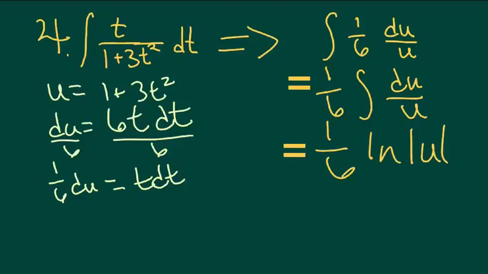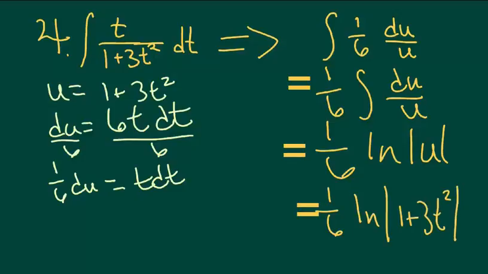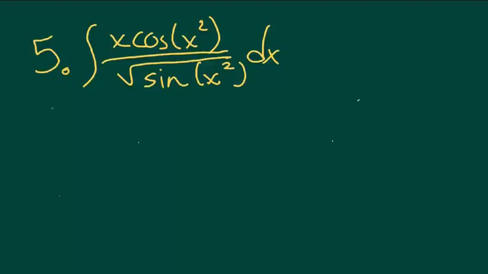Then you substitute 1 plus 3t squared back in for u, and that's going to give you 1/6 the natural log of 1 plus 3t squared plus c. And that's your answer.